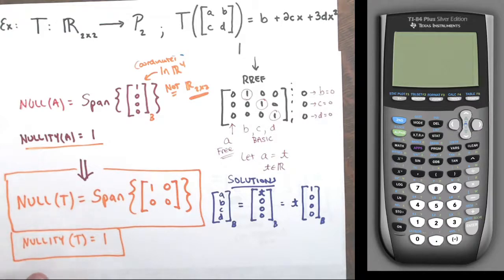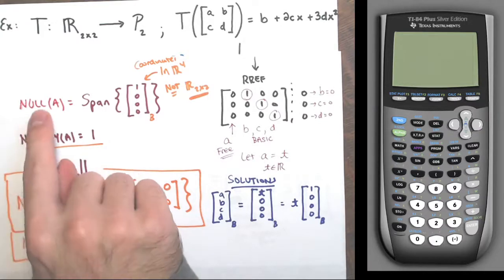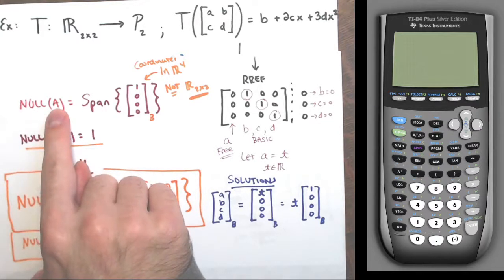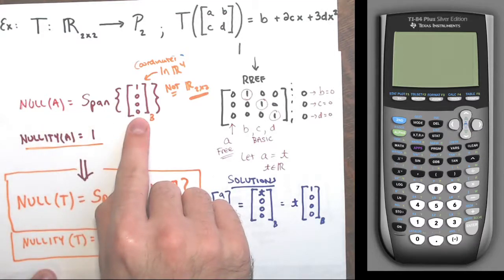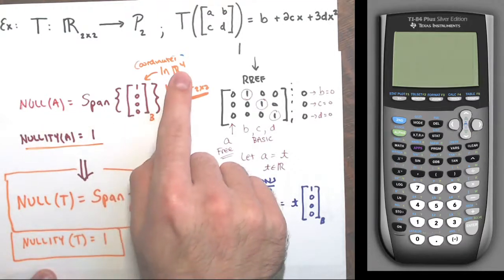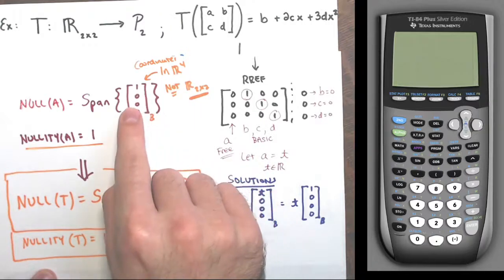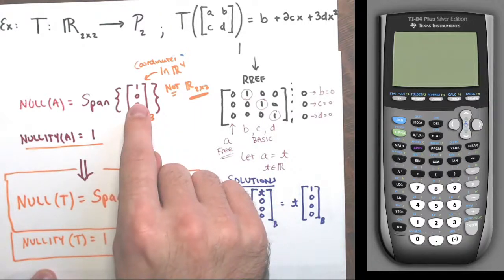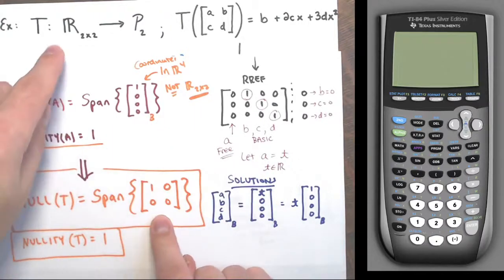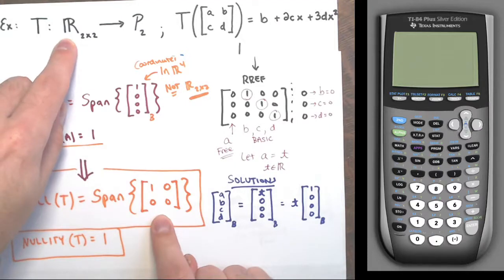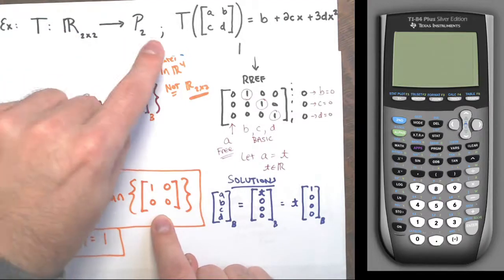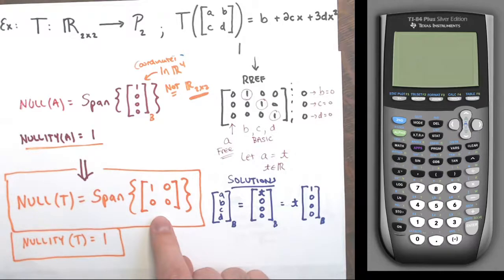They're very closely related. The null space of the standard matrix will be some coordinate vector that looks like it's in R for some Euclidean space. And then just translate those coordinates back into the vectors from the domain of the transformation that would map to the 0 vector of the codomain. So just be careful with that.